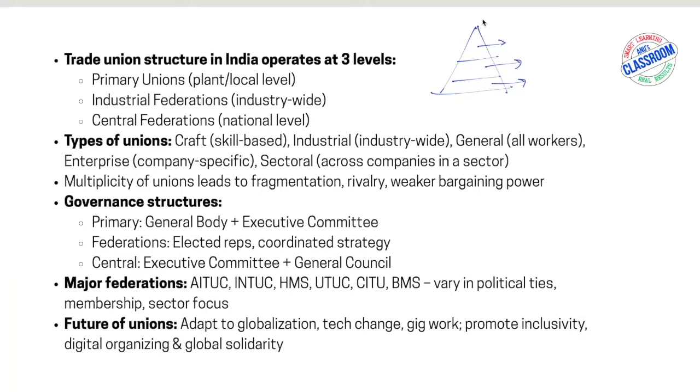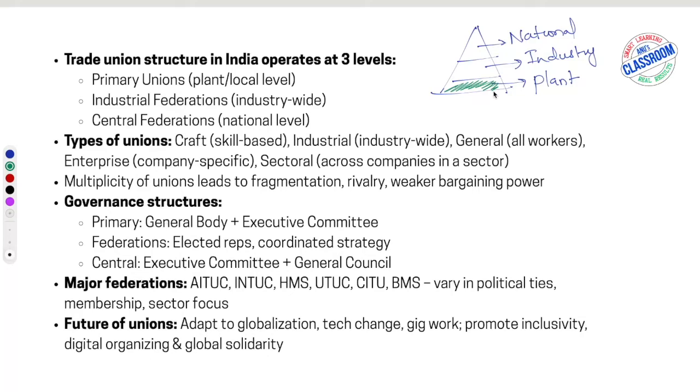They are at the plant level, at the industry level, and then at the national level. So, at the base, we have the primary unions, that is the plant level unions. These are like the colony associations.